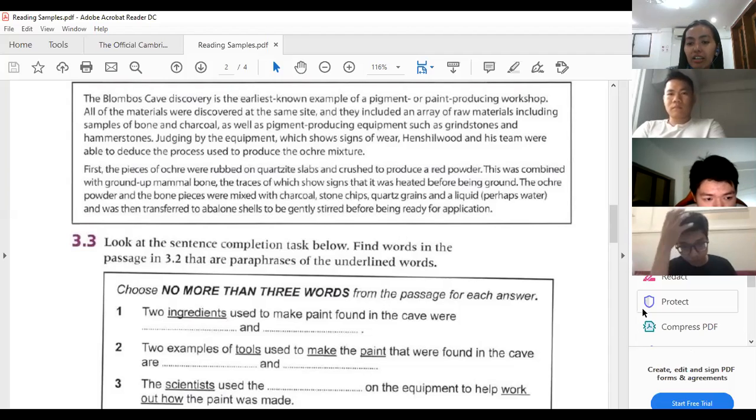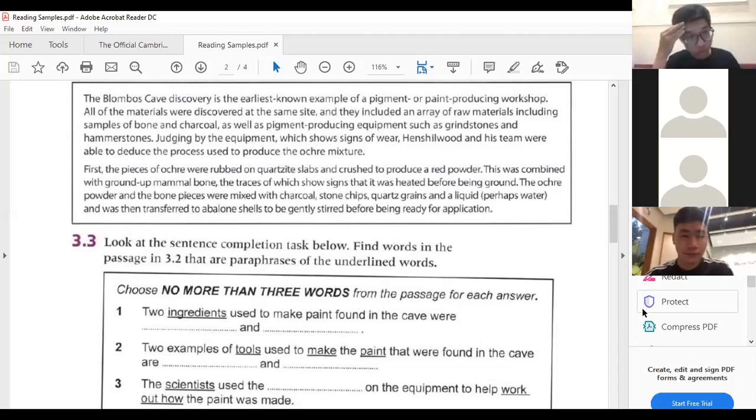Last one, work out how. What was the word used in the passage? Produce. Process. Make. Process also make. It should be next to the scientist, right? Because it's in the same sentence.